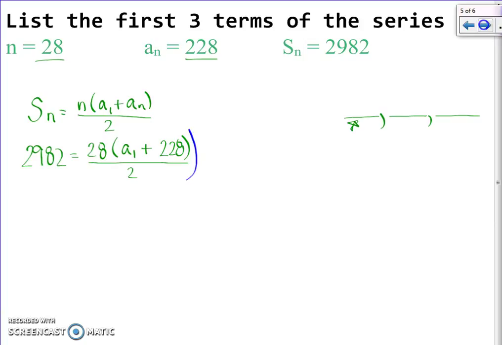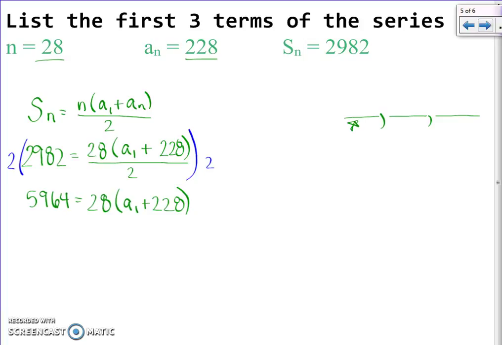All right, so we need to solve for a1. So let's get rid of this 2 first by multiplying by 2 on both sides. $5,964. Okay, now you have 2 options at this point.